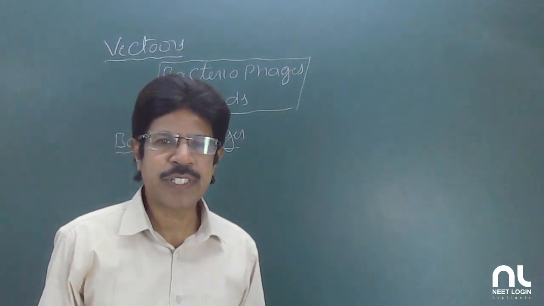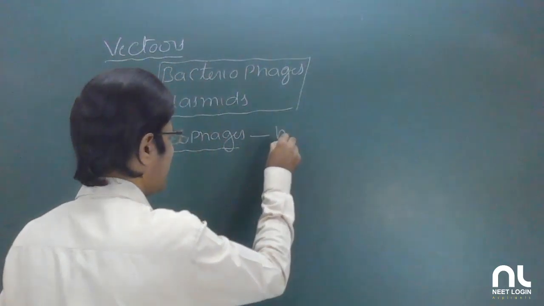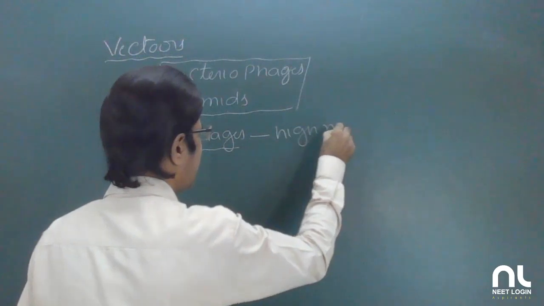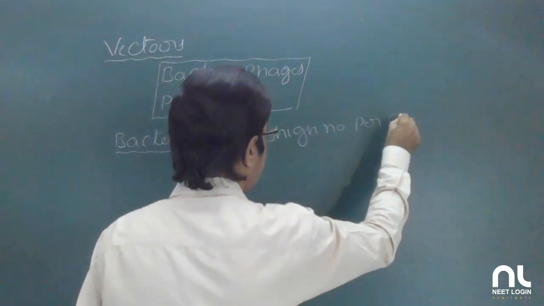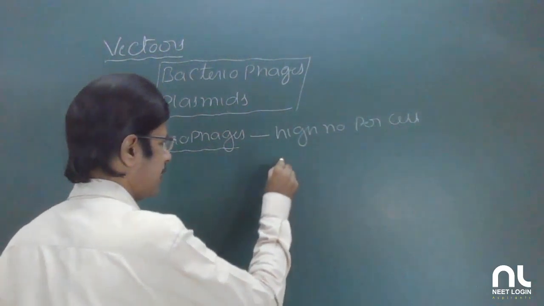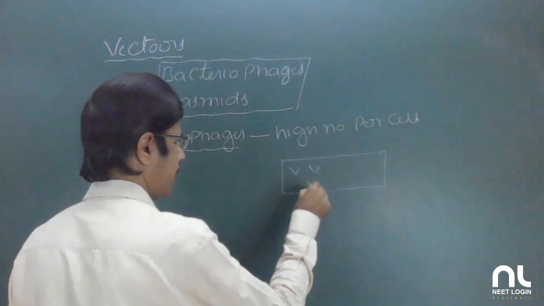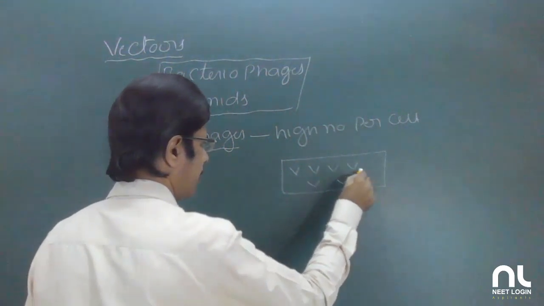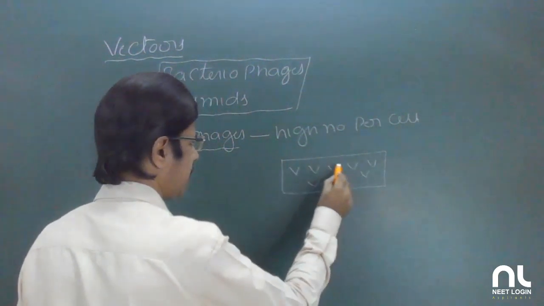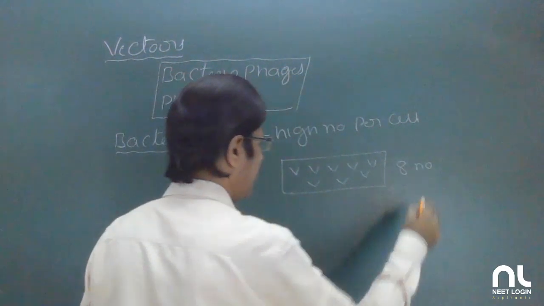Bacteriophages are viruses which infect the bacterial cell. It is having a high number per cell. Suppose if you take the bacterial cell, one, two, three, four, five, six, seven, eight. It's eight in number.